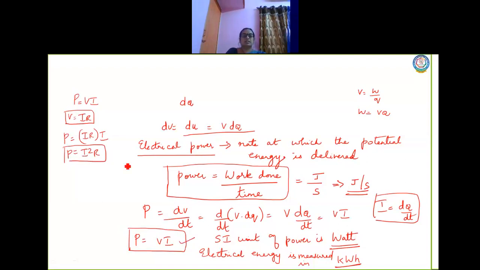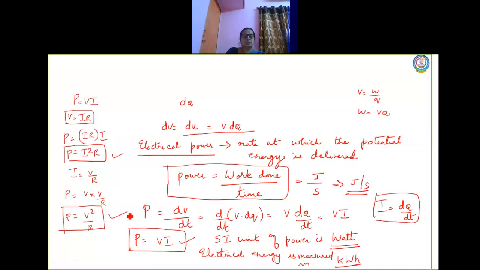Now this is the second formula. And also I can write from Ohm's law I is equal to V by R, correct? Substitute again here. So P is equal to V, and instead of I you substitute V by R. So I can write this as V square by R, which is also the formula for power.